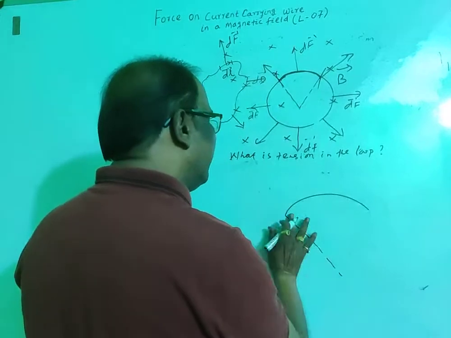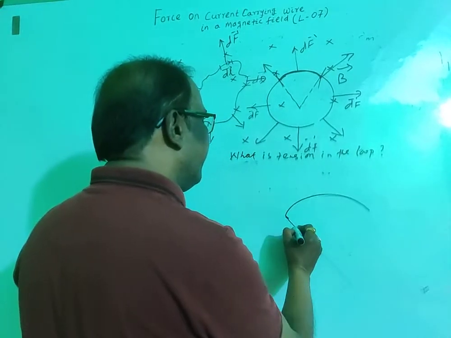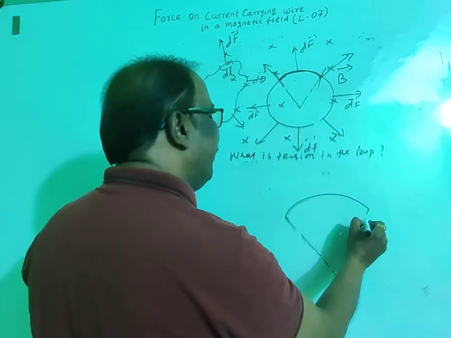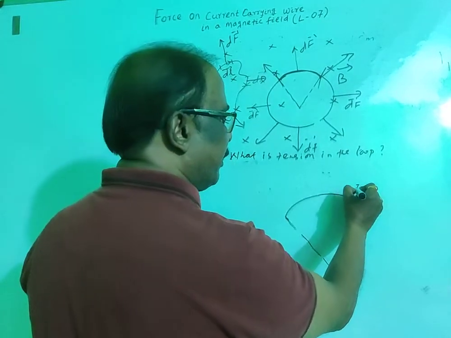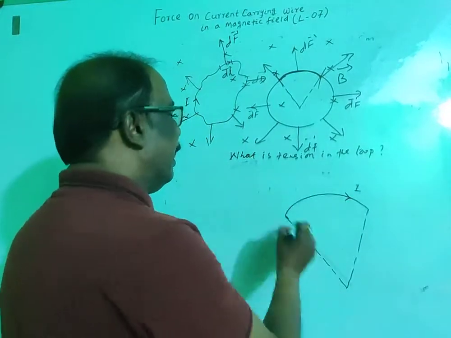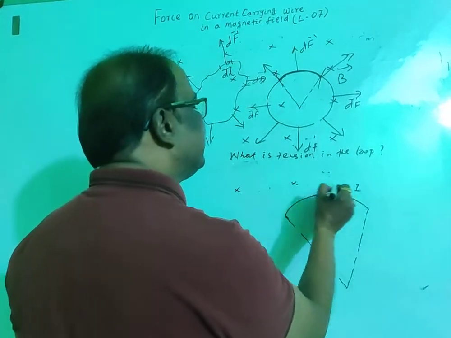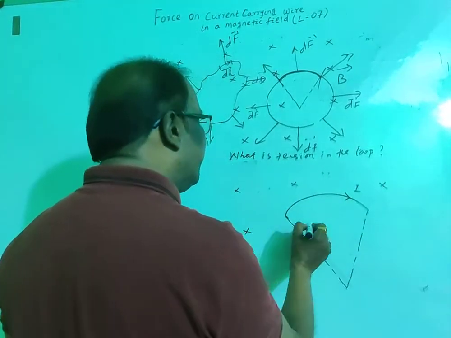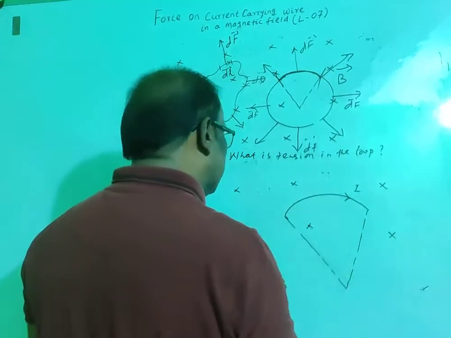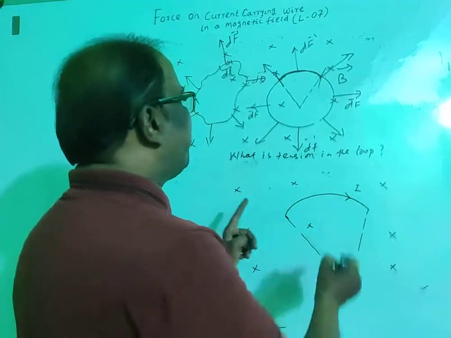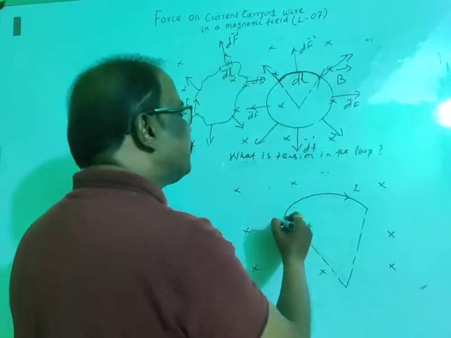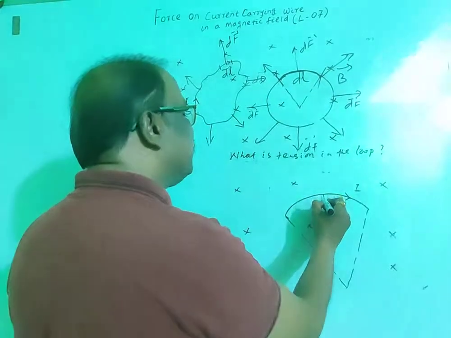I am extending the diagram to have a clear idea. Current is flowing in it. Let the current be I, and this is the direction of the magnetic field, as we have already represented. The length of this part is dl. Let us bisect it.